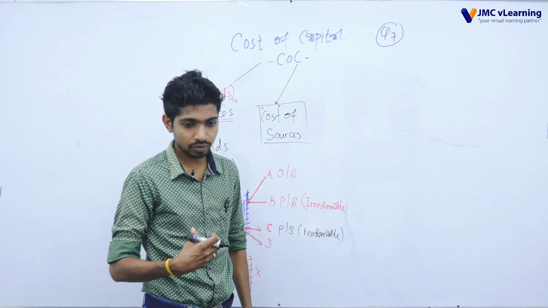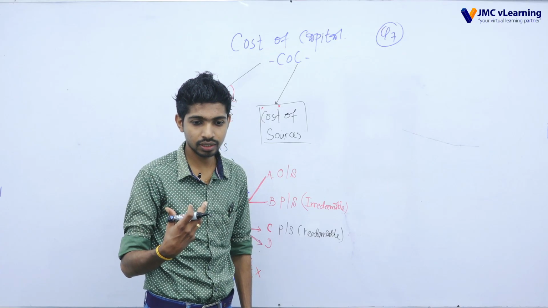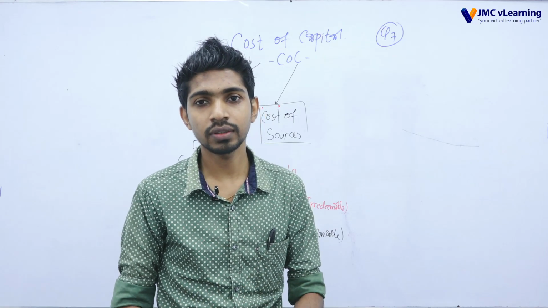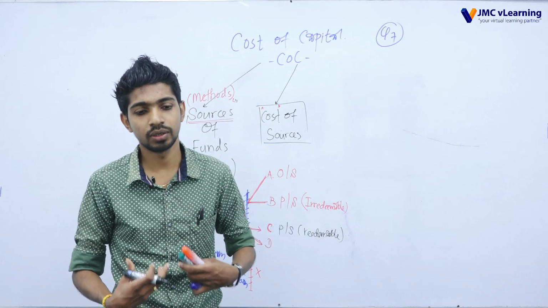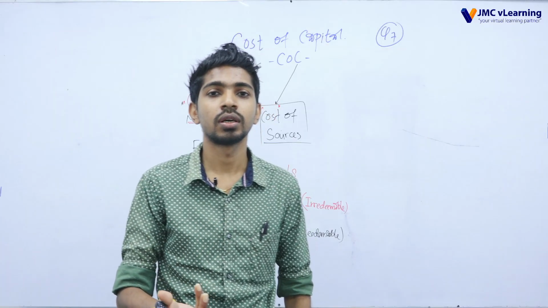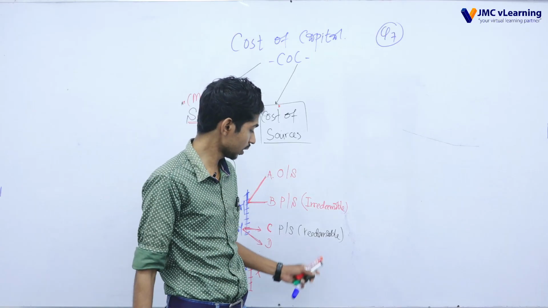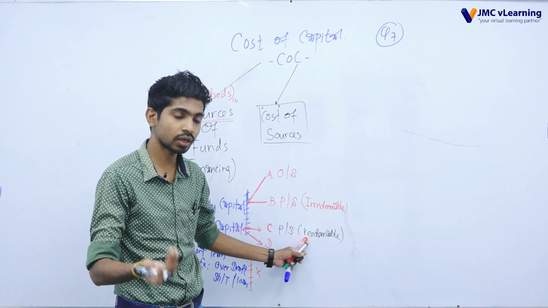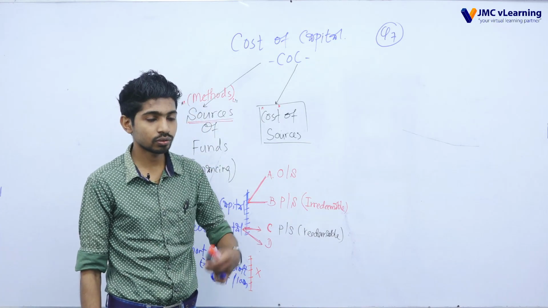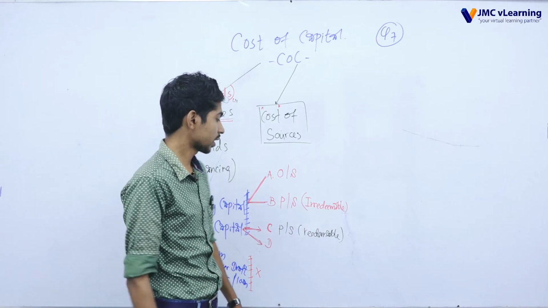If we collect funds from a particular funds provider, we can keep those funds as far as our purposes require, not at their request. If the funds provider requests money in a certain time period, then that is redeemable. If there is no time period, that means we can keep the funds according to our requirement, and those are called irredeemable.